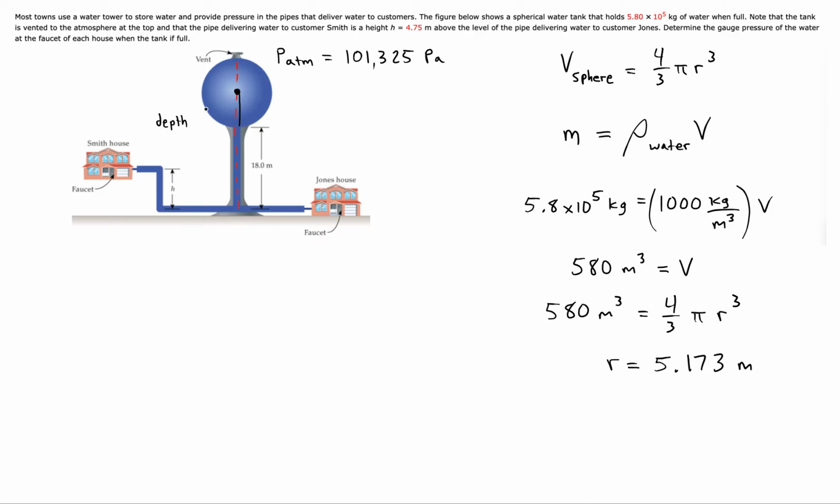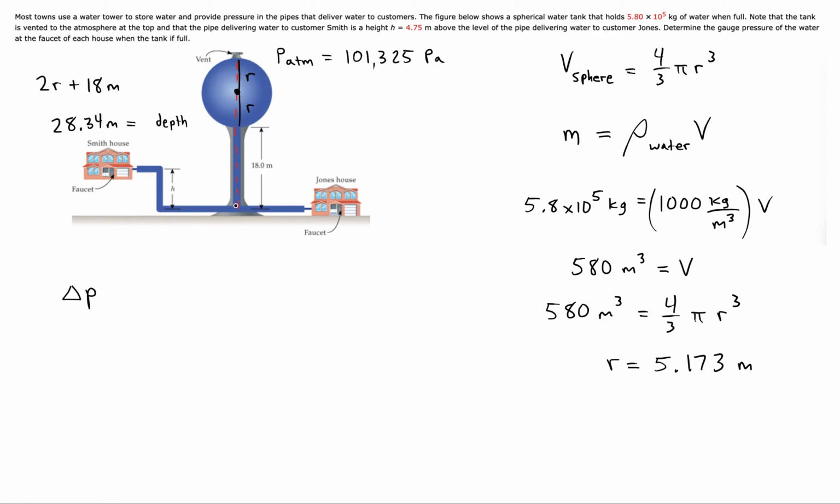So since we would have one copy of the radius there and another copy of the radius here, to get our depth we want 2r plus 18 meters. So that ends up being 28.34 meters for the depth.